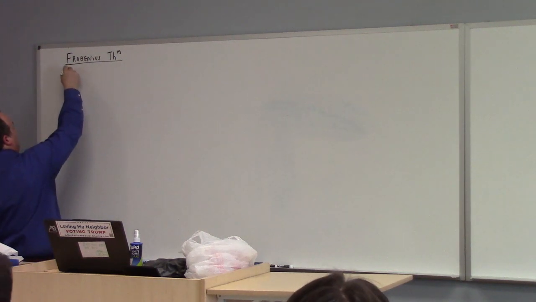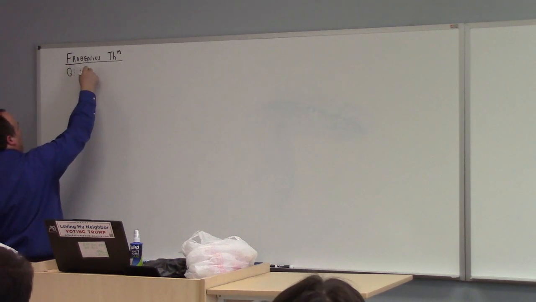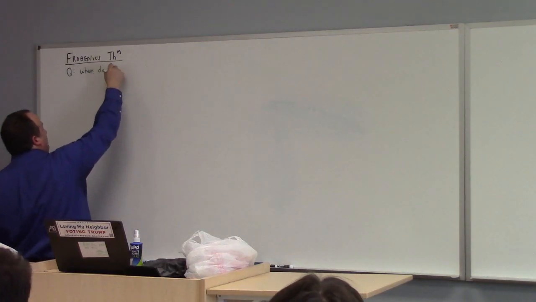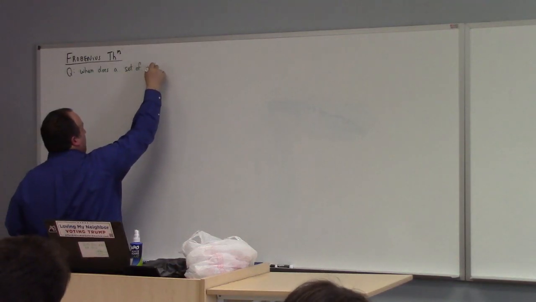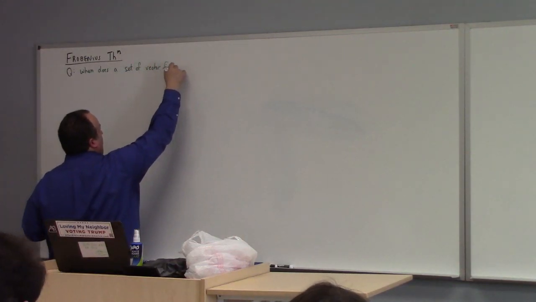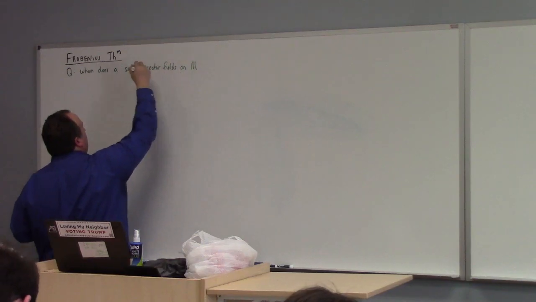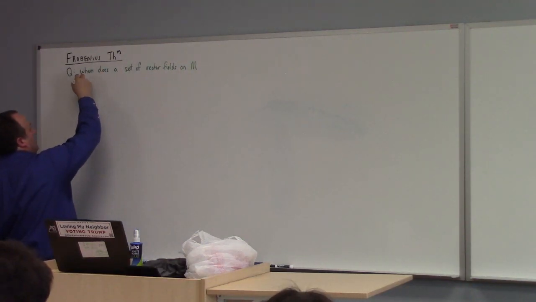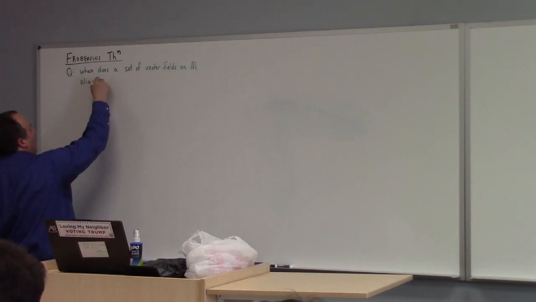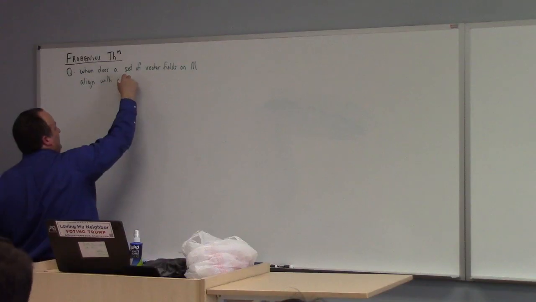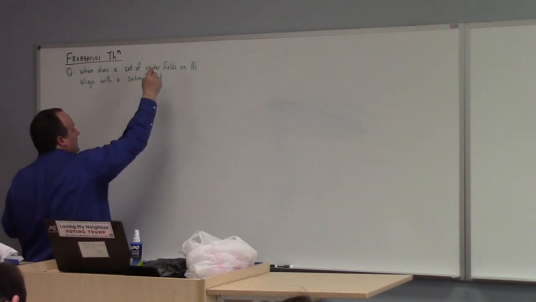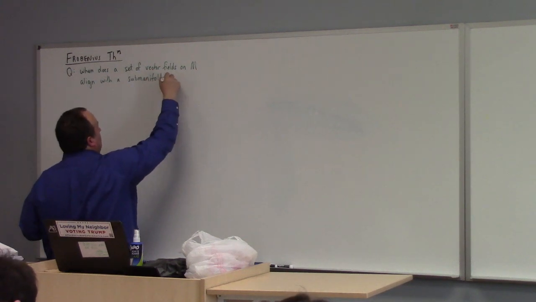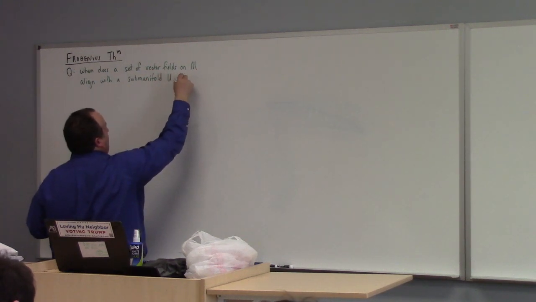The question basically is: when does a set of vector fields on some manifold M align with a submanifold, or submanifolds U?